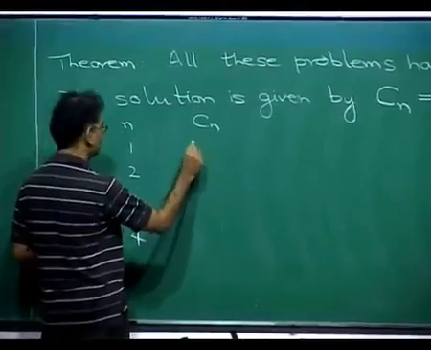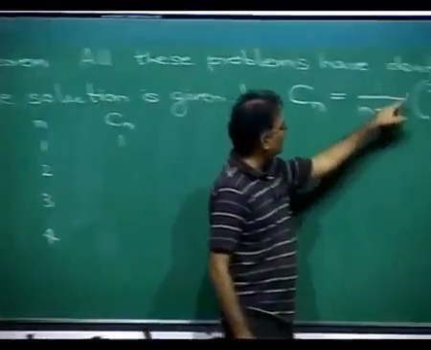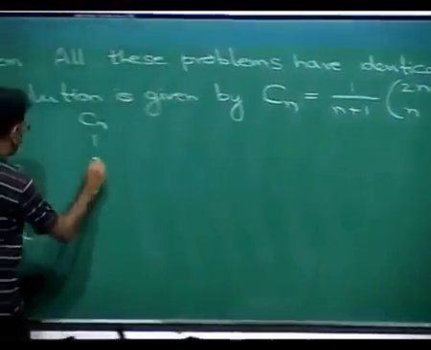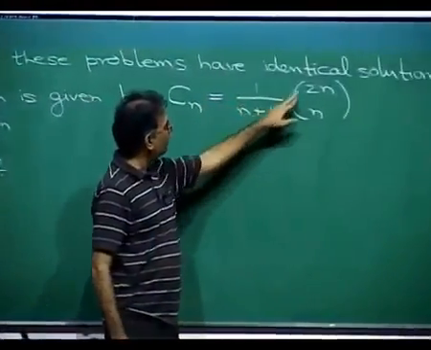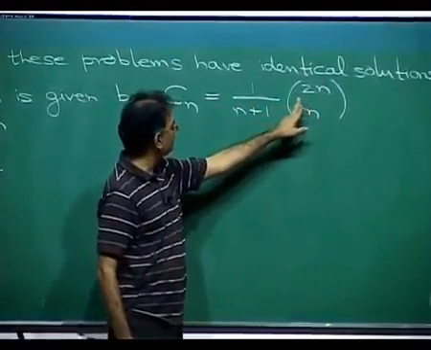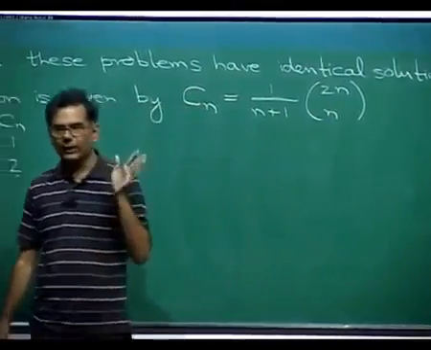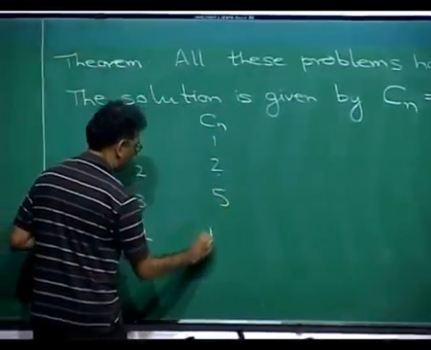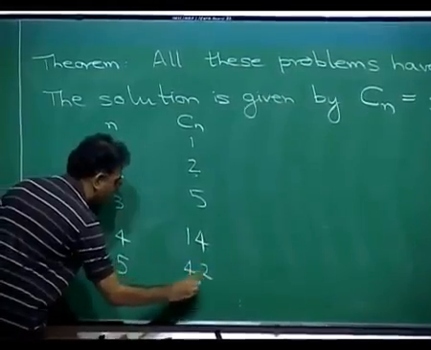When n is 1, it's 1 over 2, 2 choose 1, which is 1. When n is 2, 1 over 3, 4 choose 2. 4 choose 2 is 6, so 1 over 3 of 6 is 2. And when n is 3, 1 over 4, 6 choose 3, is it? Yeah, 6 choose 3 is 20, and 1 over 4 of 20 is 5. Then 14. When n equals 5, it turns out to be 42.